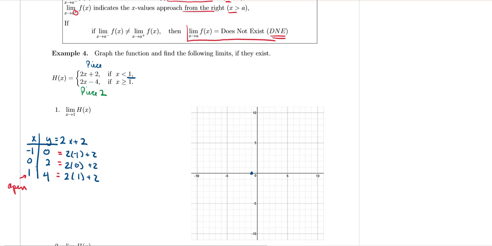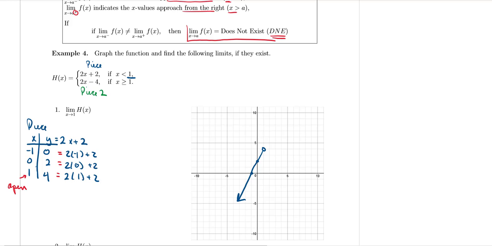When x was 0, we got 2. And when x was 1, we got 4, but it was an open circle. And there we go. We get to see part of the graph here. Something like that. Okay, now this one here was piece 1.